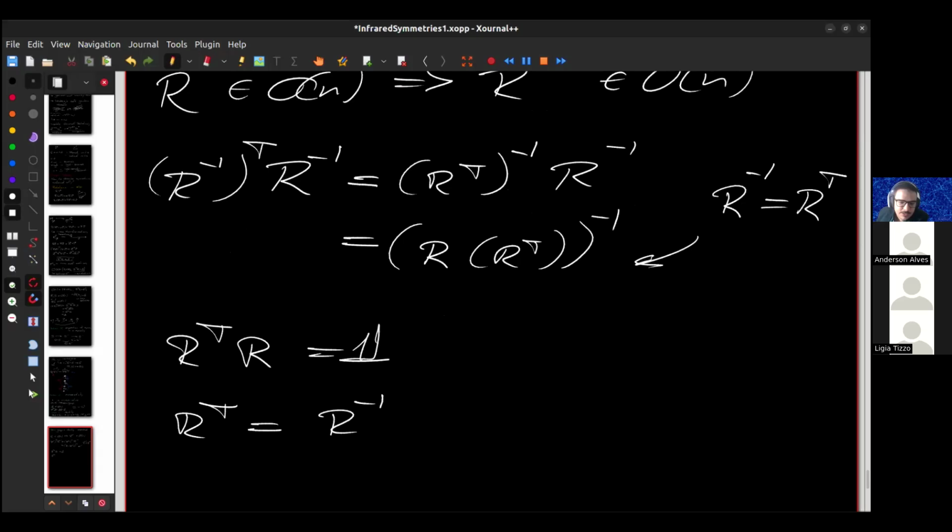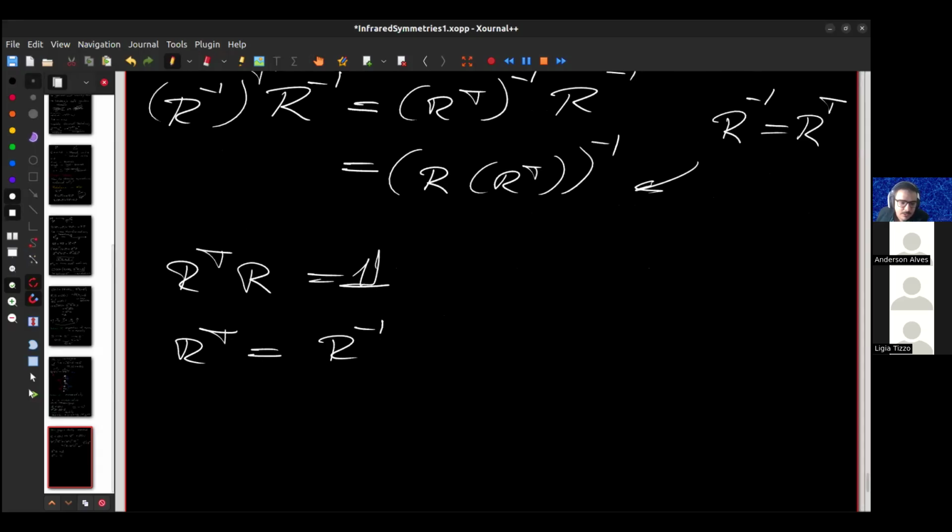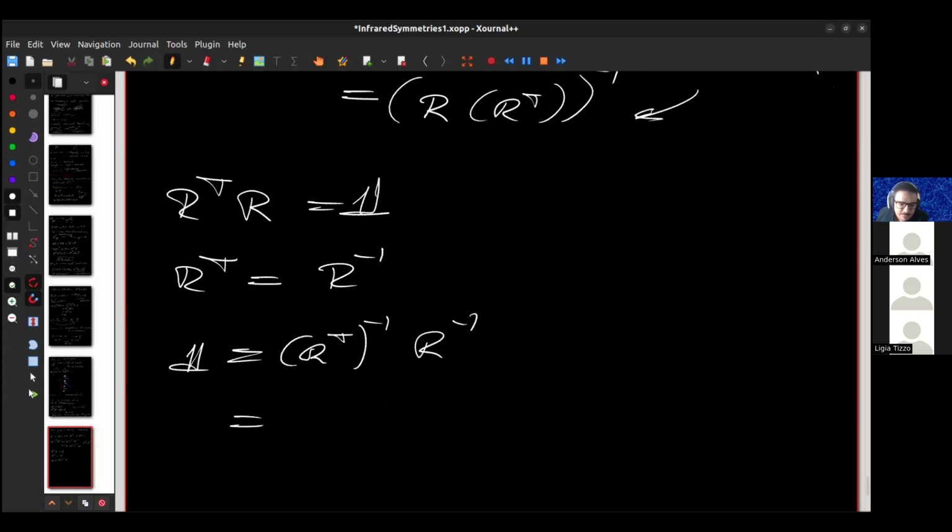Then I'm going to multiply by R transpose inverse on the left. This gives me 1 equals R transpose inverse R minus 1. But the transpose and the inverse can be switched.